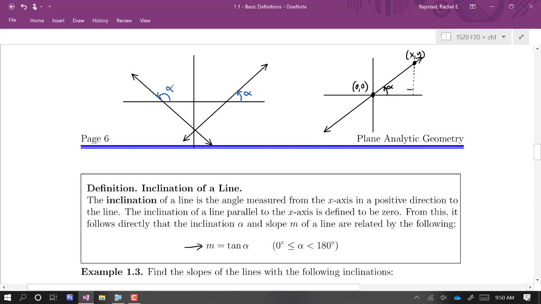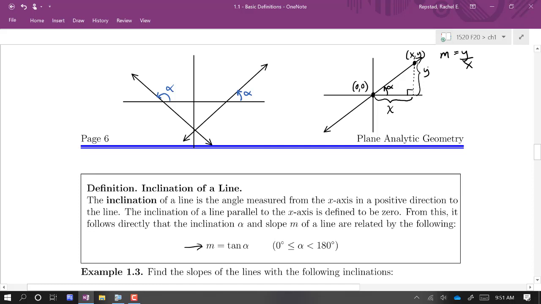If we drop down a perpendicular, the slope of this line is y over x. The rise over run is y over x. On the other hand, y is the length of this opposite side, and x is the length of this adjacent side.